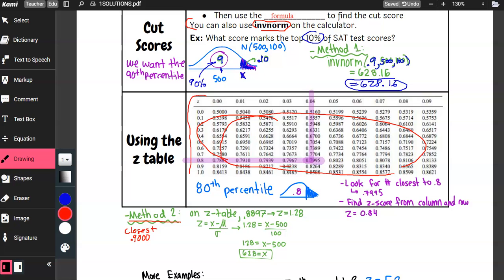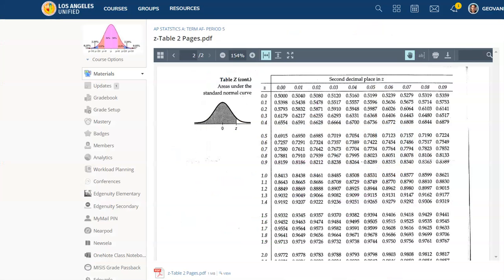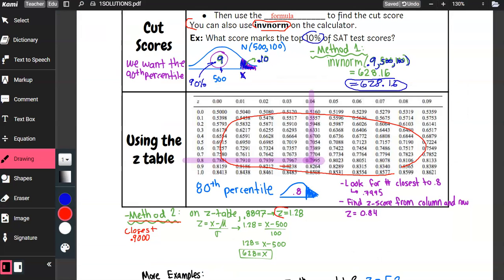Not in the margins, since those are the z-scores, so you don't want the z-scores. You want it inside of here. This table doesn't show it, but this one over here does. What you're going to see is that the closest one is going to be the z-score of 1.28.